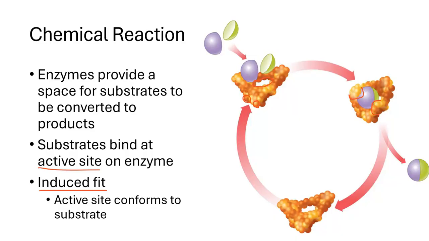But keep in mind that the active site will only accommodate certain substrates, right? So the shape of the active site has to match the shape of the substrate. So there's certain enzymes that will catalyze certain reactions, and they won't catalyze something very similar.